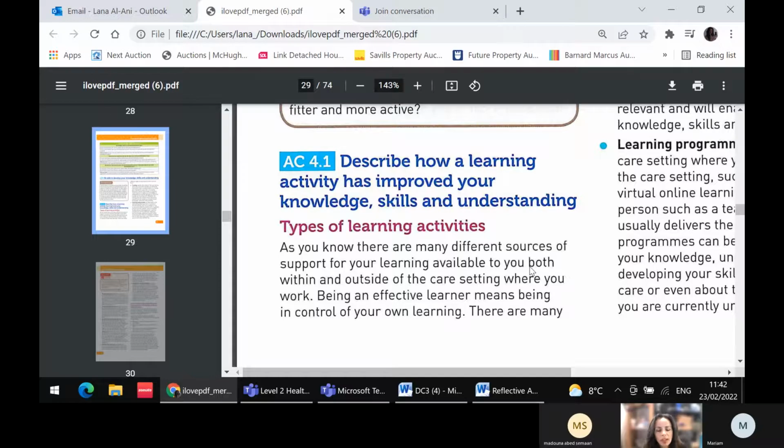This has changed my skills and abilities, because it has improved my skills and abilities, because I start watching them, learning how they used to take care of the person, the client, how to feed them, how to bath them, how to talk to them, how to put them in the center of their activities, and how to think about creating a safe environment for them.